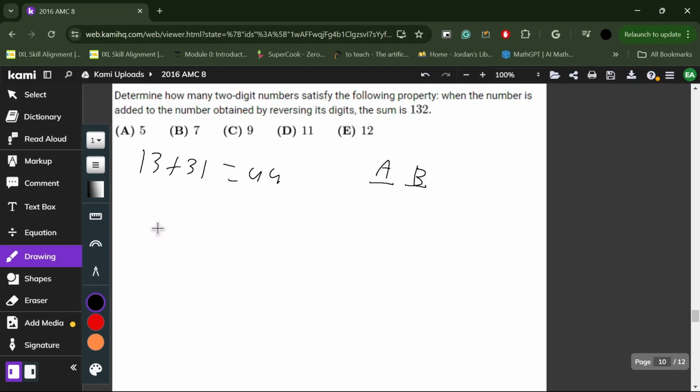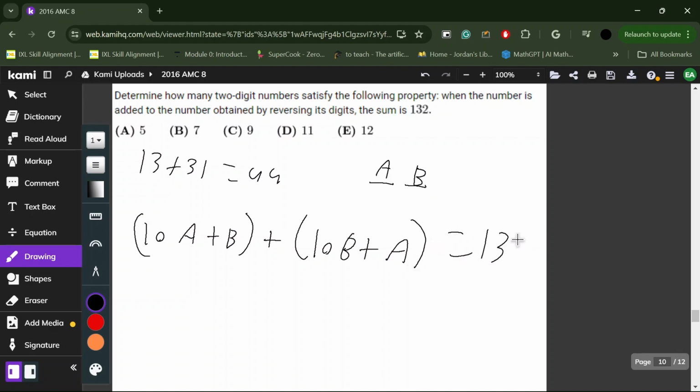So we can make an equation out of this that 10A, I'm going to use a capital A so it's consistent, 10A plus B plus 10B plus A is equal to 132.